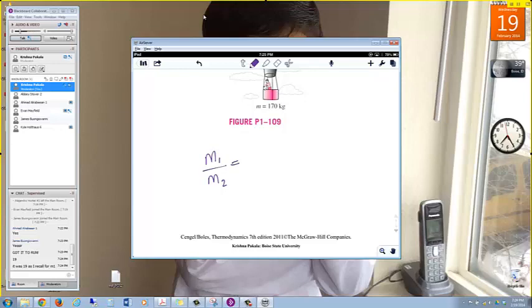I'm not looking for a particular number. I'm just saying just what I explained. Initially, what would be the mass? Is it mass of the air plus mass of the fuel, or mass of the air?